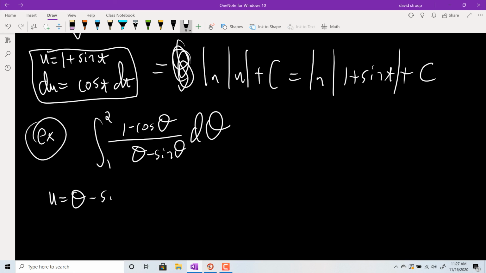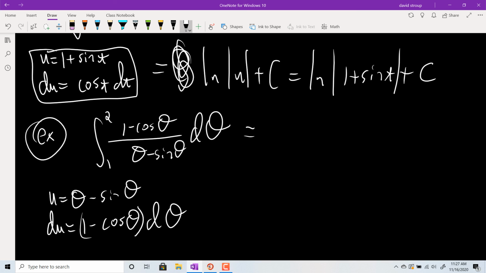So the differential is 1 minus cosine theta d theta. Okay. I'm going to drop the limits and just put them in at the end. So I'll end up here with, in the numerator, du, and the denominator u.